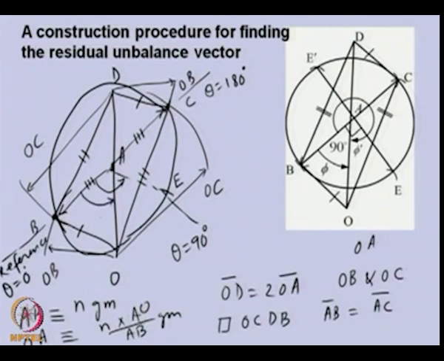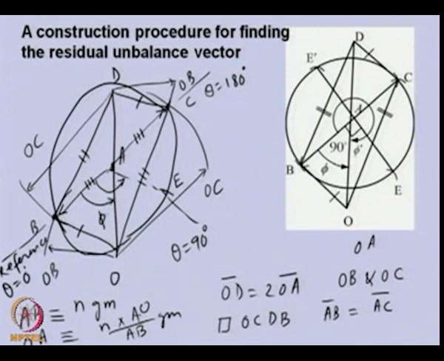You can see this is the phase of the unbalance. Once we have decided on 90 degree counterclockwise, the phase of the residual unbalance, which is AO, from the reference axis 0, this phi will be the phase of the unbalance.